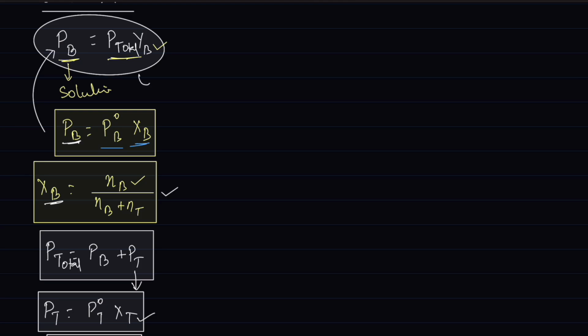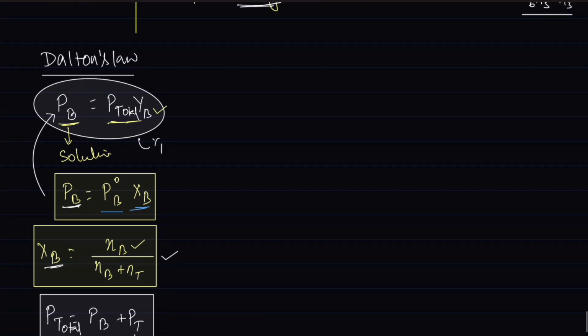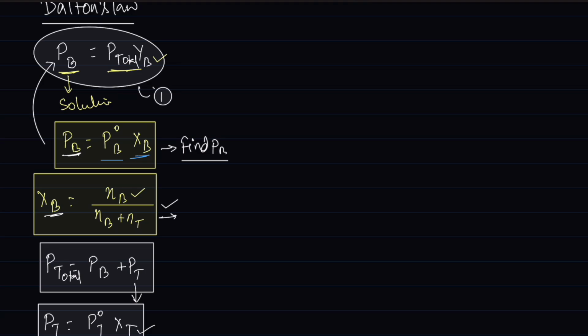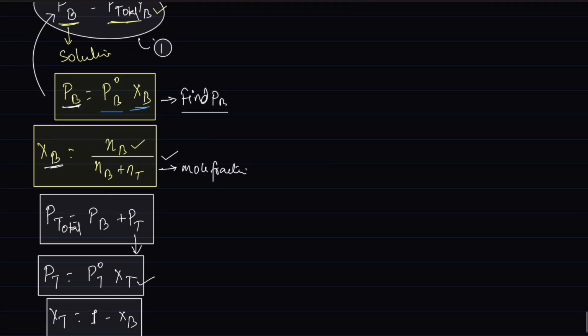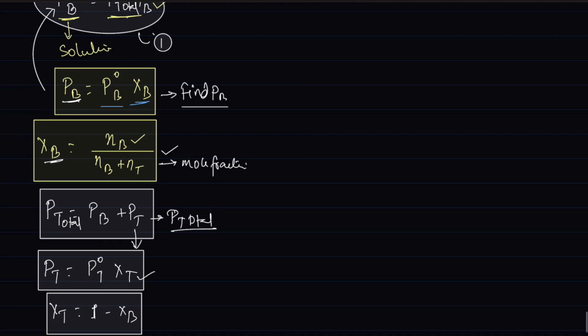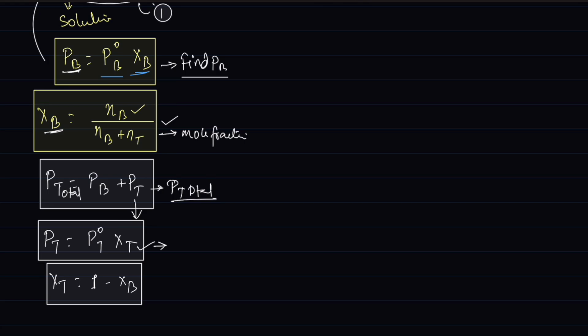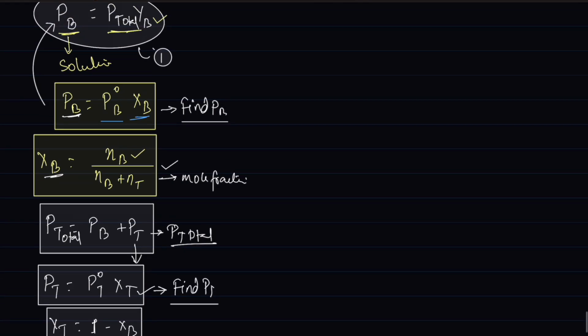This is our first step, the formula. Second is finding the value of PB. Third is mole fraction. Fourth is total pressure. And after that, again we find PT.